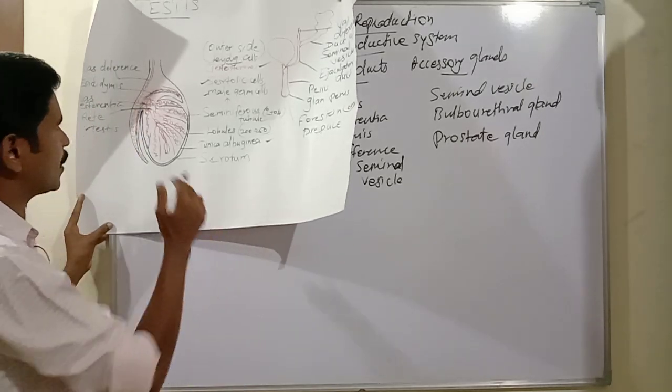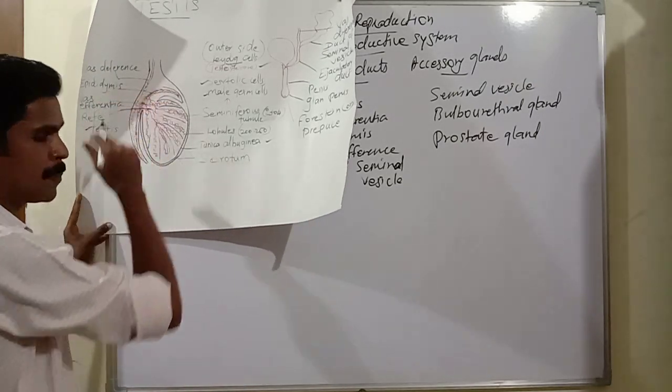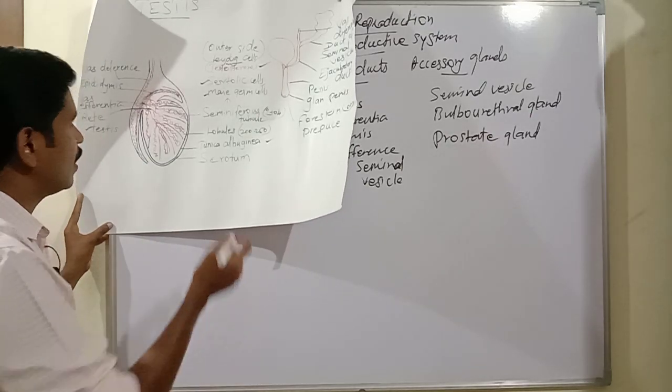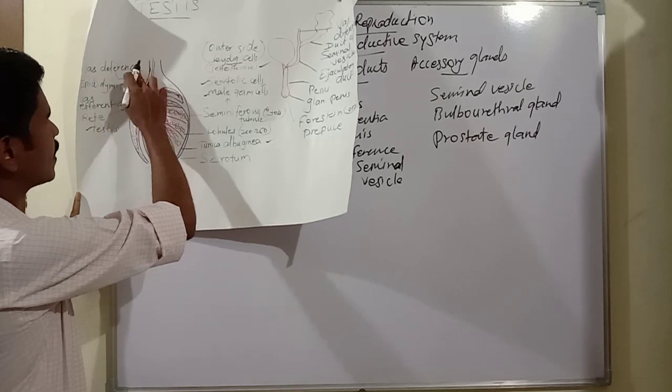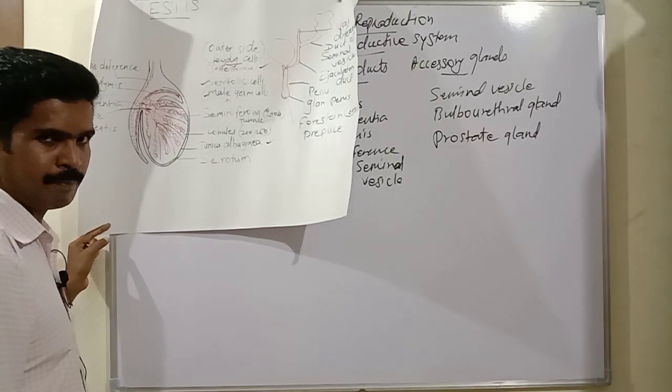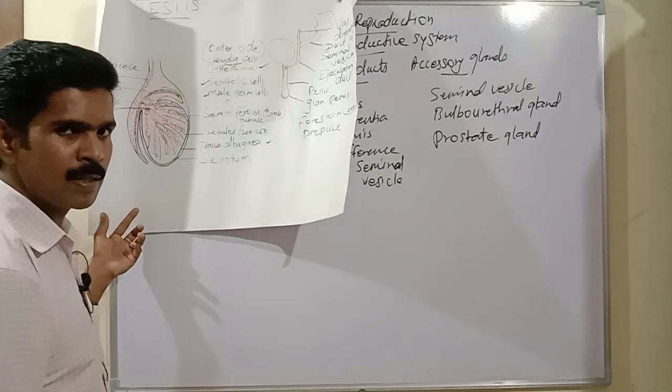Then from the epididymis, they move to another duct or tube called the vas deferens. Understand, my dear students?